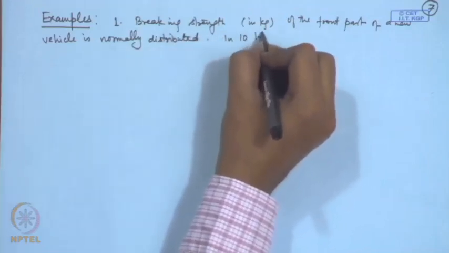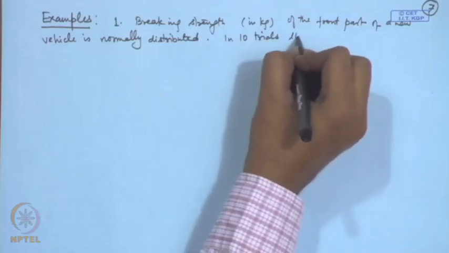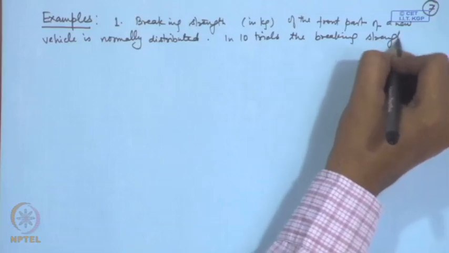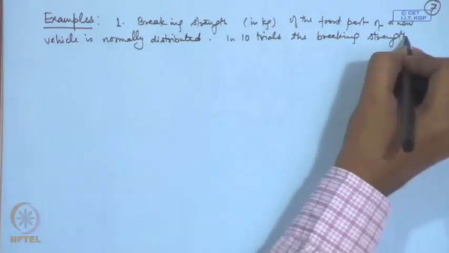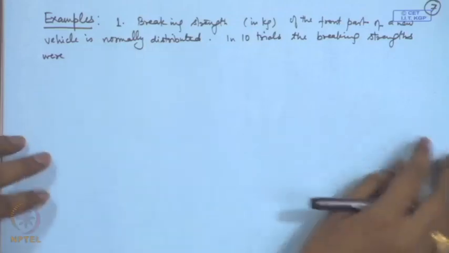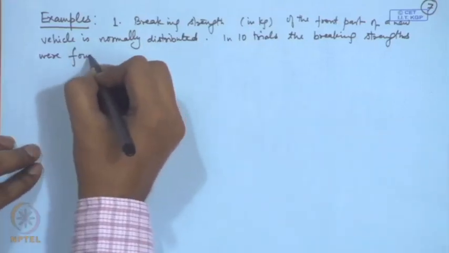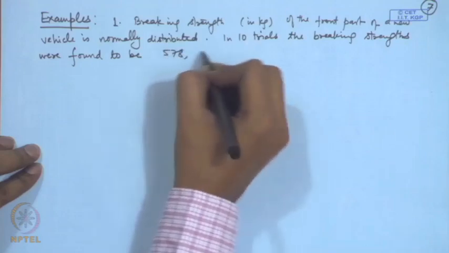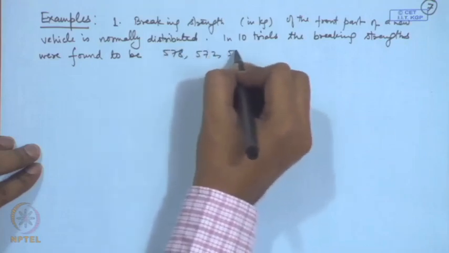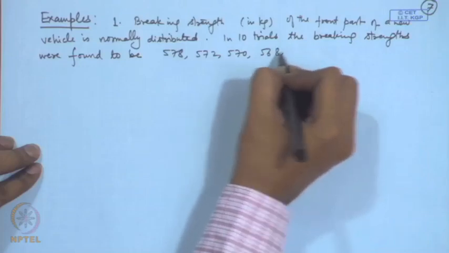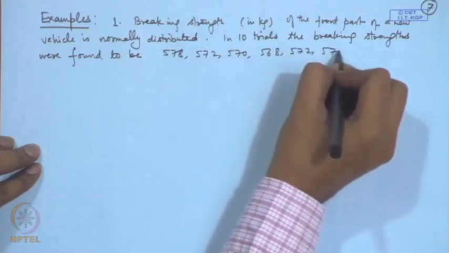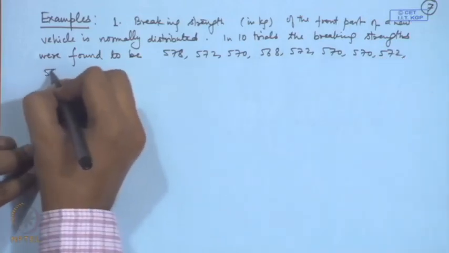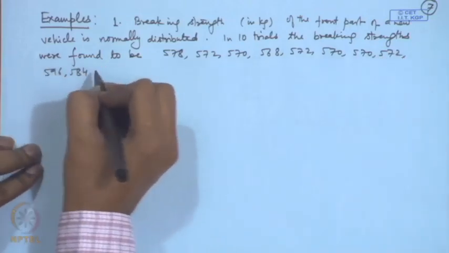In 10 trials, the braking strengths were found to be, say, 578, 572, 570, 568, 572, 570, 570, 572, 596 and 584.